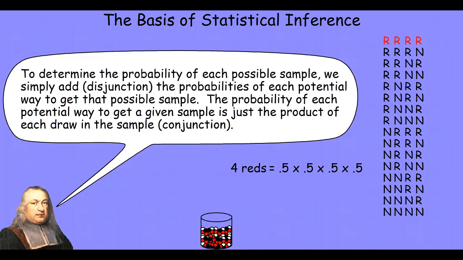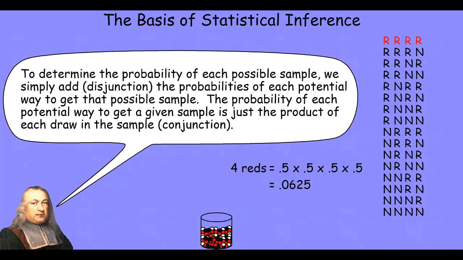Well, half the marbles are red, half are non-red. We can use the classical interpretation, assume that each marble is just as likely as every other, and that gives us 0.5 to get a red for the first draw, 0.5 for the second, 0.5 for the third, and 0.5 for the fourth. And since they are independent, we can use the simple conjunction rule and multiply them.